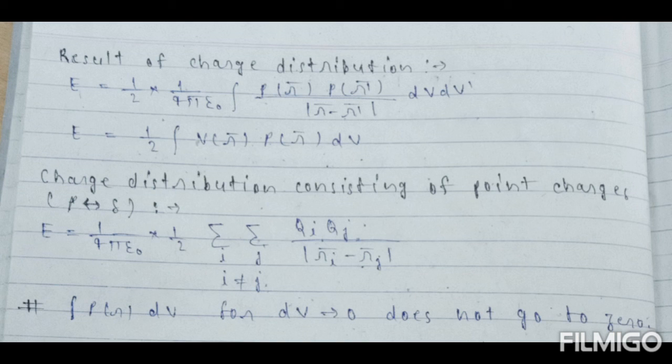Remember earlier when I was discussing this formula, I had said that in a continuous distribution, this rho(r) dv integrated over a smaller and smaller, macroscopically very small volume goes to 0, but in point charges it does not. So one has to be careful. I'd like you to make this connection after hearing this lecture.